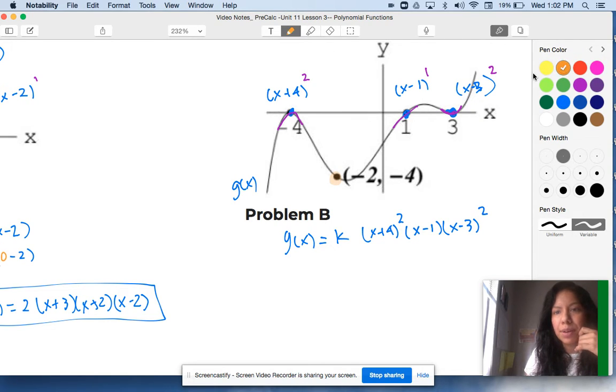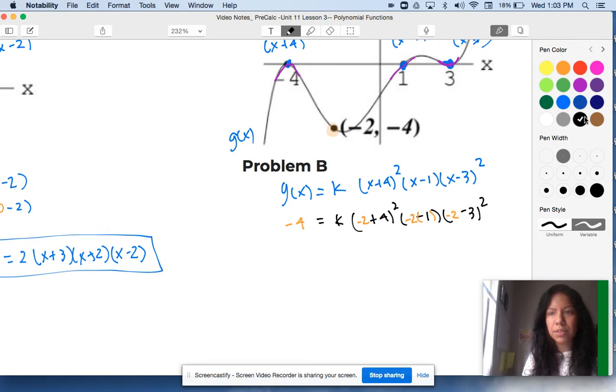So we do the same process. We substitute in negative 4 as our output. And every time we see an x value, we substitute in negative 2. So we write negative 2 in here, negative 2, and then negative 2.